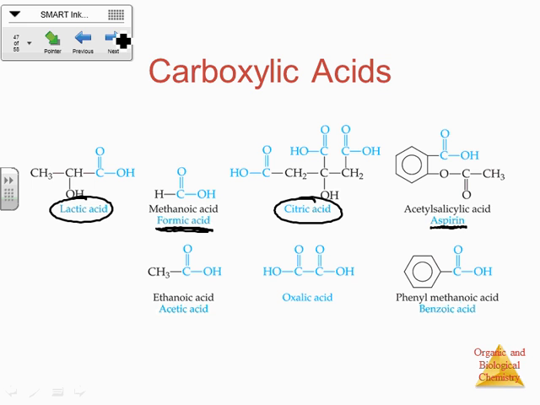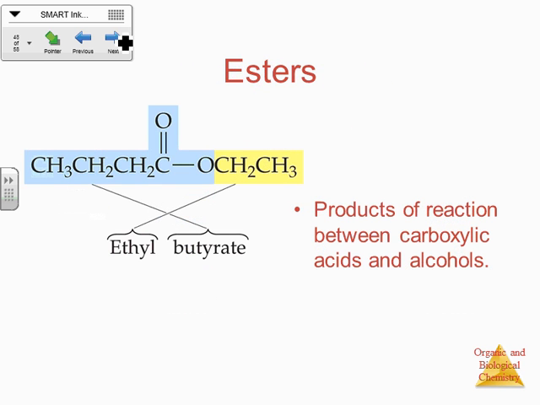We experience them on a regular basis. And you can see what the structure of all of those are. But ultimately, you've got these carbonyl carbons that have OHs coming off of them. And so that's what's going to define a carboxylic acid. Hopefully that makes sense.